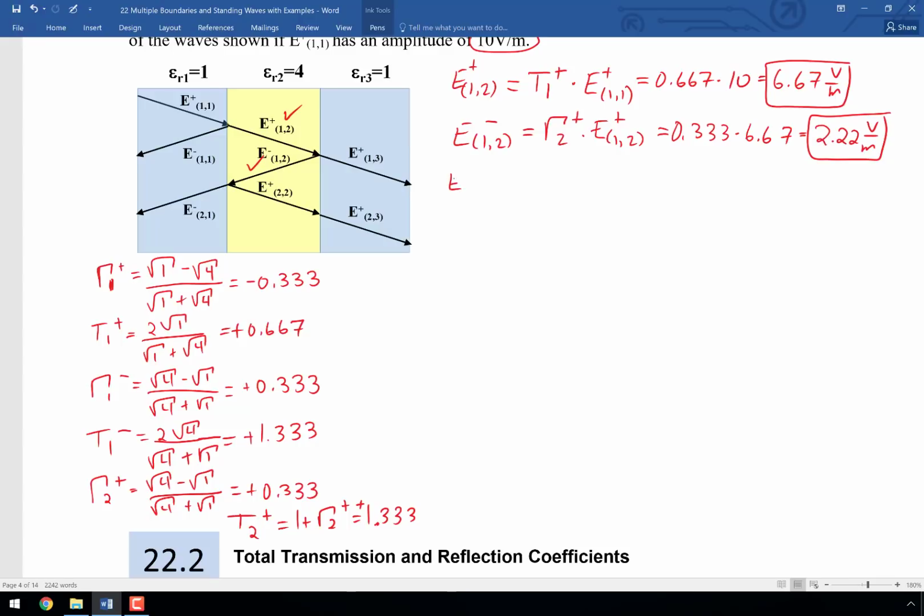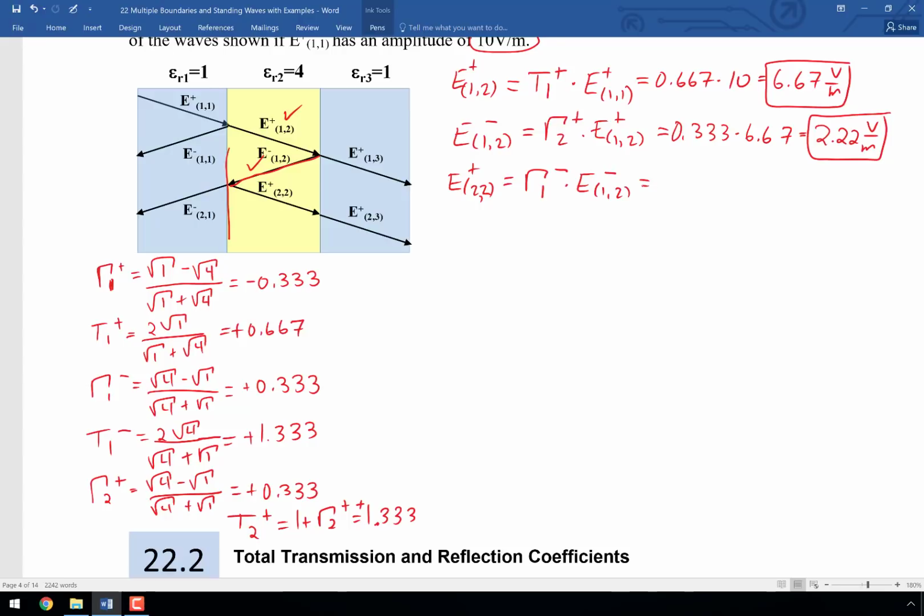And then E sub 2 comma 2 in the positive direction, that's going to be equal to gamma sub 1 in the negative direction. So I have a wave that is coming in the negative direction, and it hits the first boundary. So gamma sub 1 in the negative direction times the thing we just calculated, E sub 1 comma 2 in the negative direction.